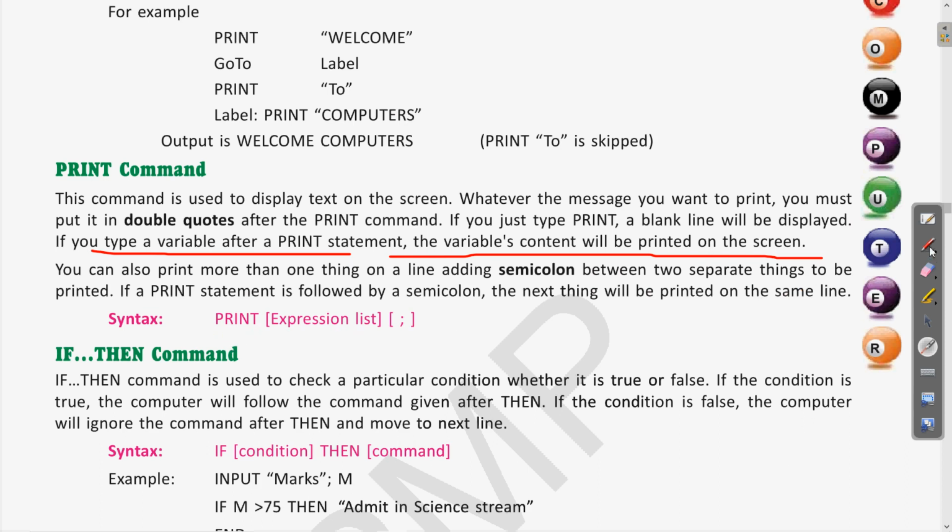Suppose there are two variables, so you can write print x semicolon y. Clear? So this way the two values can be printed using the semicolon. So here is the syntax: the print command, then an expression list, meaning whatever it is, a variable or text, write that expression and use the semicolon.